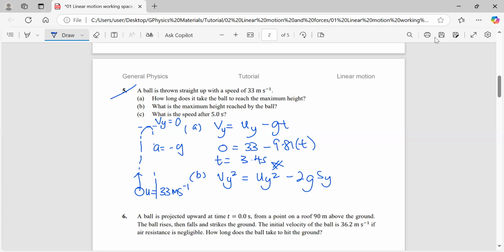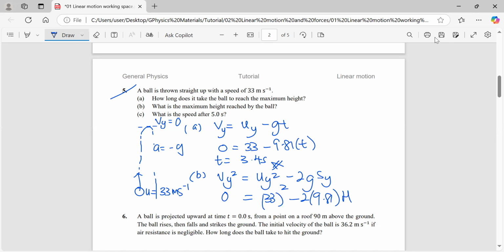Therefore, the final vertical speed is 0, and the initial vertical speed is 33 squared, minus 2 times 9.81 times s_y, where s_y is basically the maximum height reached by the object. So you can use this formula. You have 33 squared divided by 2 times 9.81.